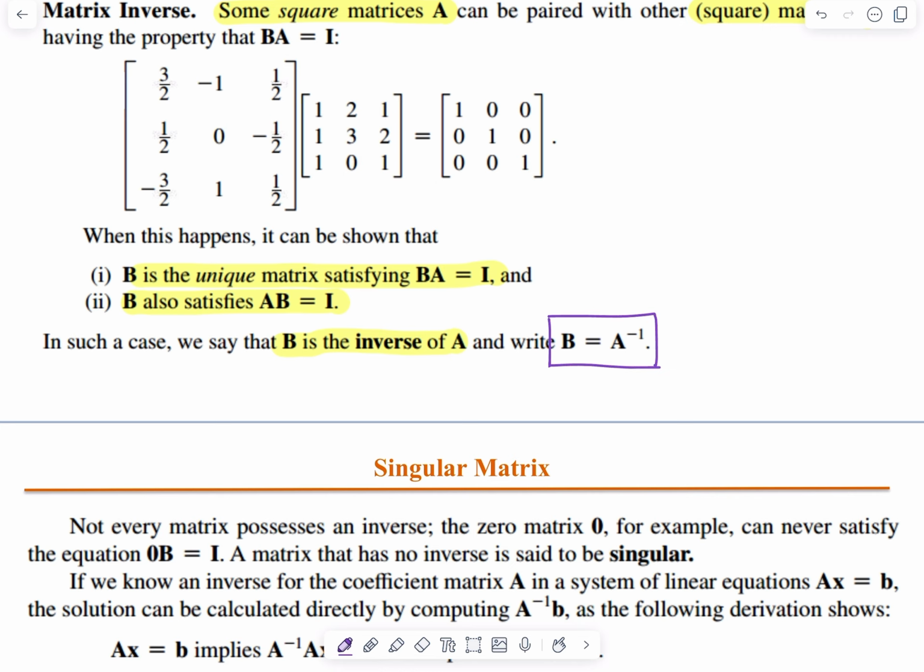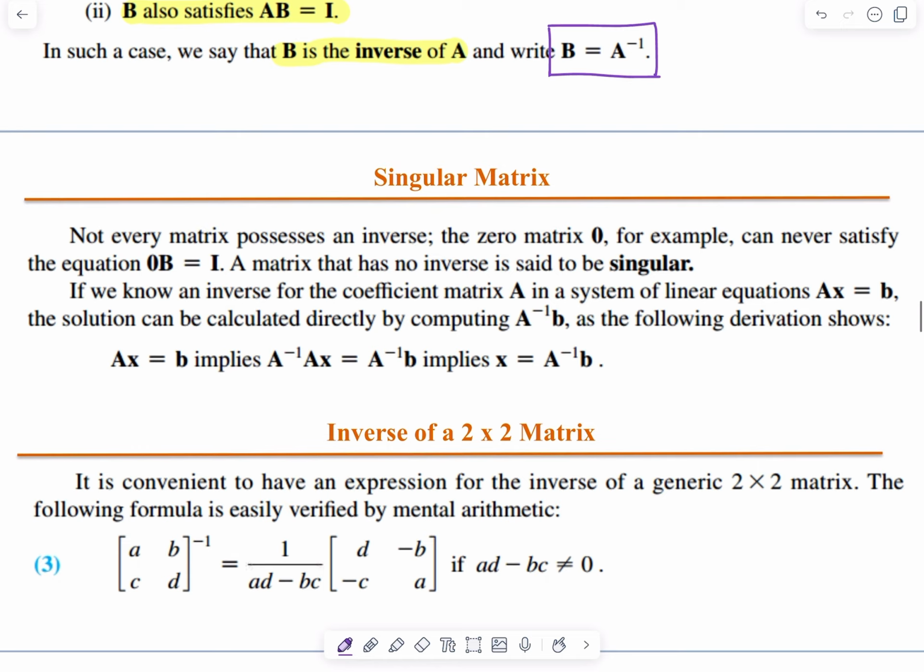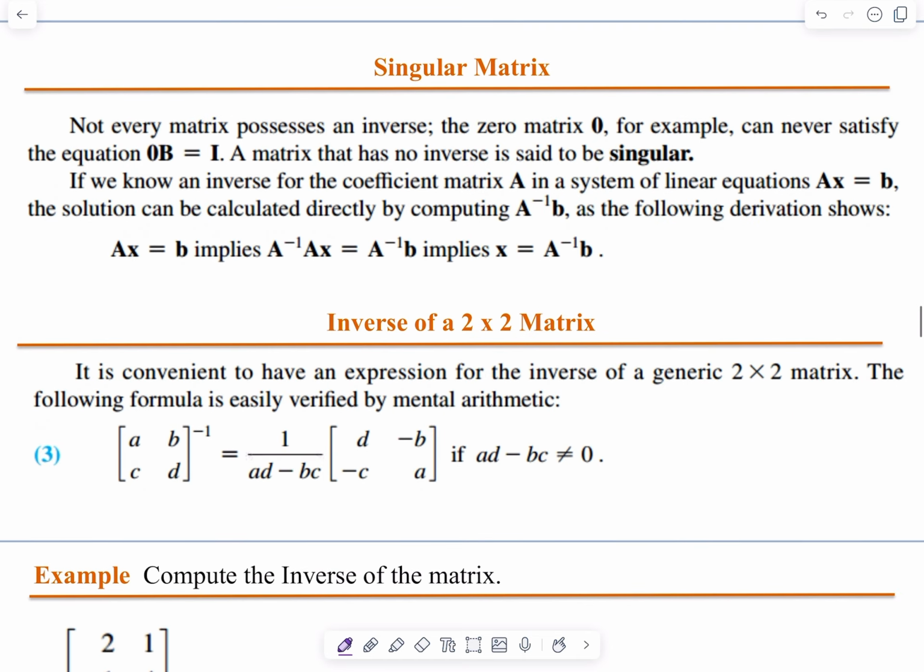Let's also talk about a singular matrix. We do need to keep in mind that not every matrix possesses an inverse. The zero matrix, for example, can never satisfy this equation. So a matrix that has no inverse is said to be singular.